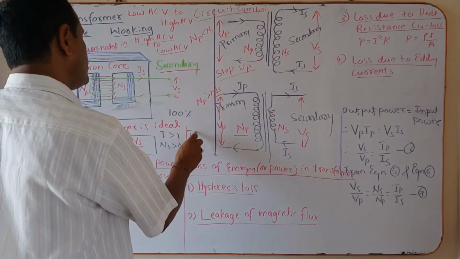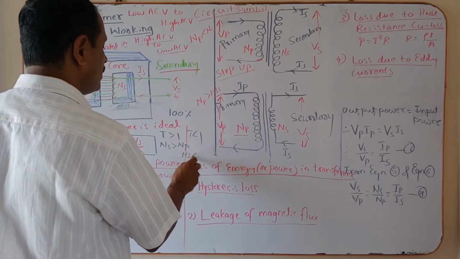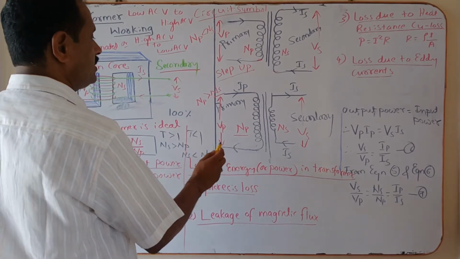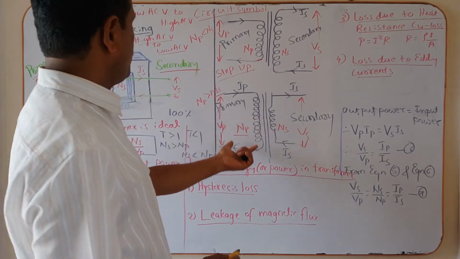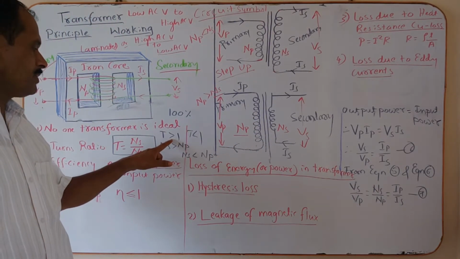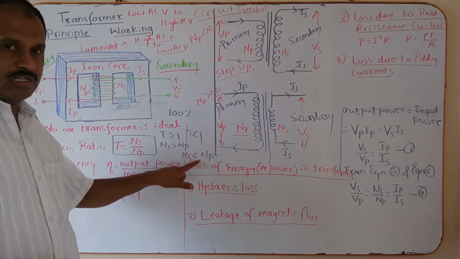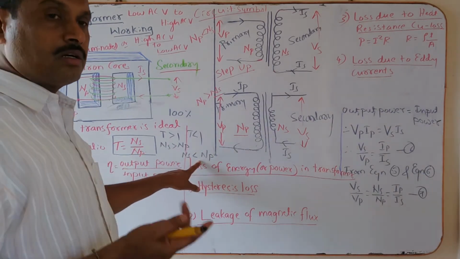If T is less than 1, then Ns is less than Np, which is the case of a step-down transformer. T is greater than 1 for a step-up transformer and T is less than 1 for a step-down transformer. This is said to be the turns ratio.